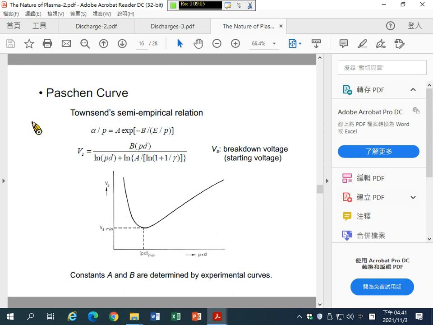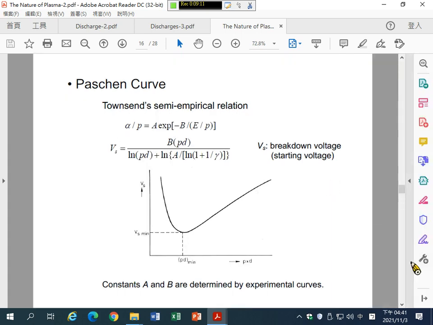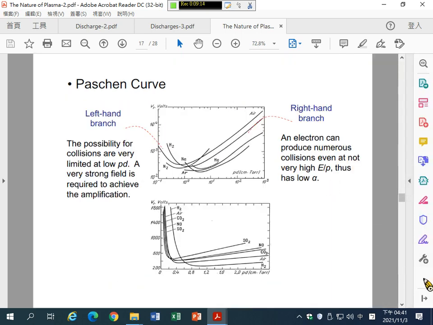Okay, in a DC glow discharge system, we have already seen this figure, the Paschen curve.